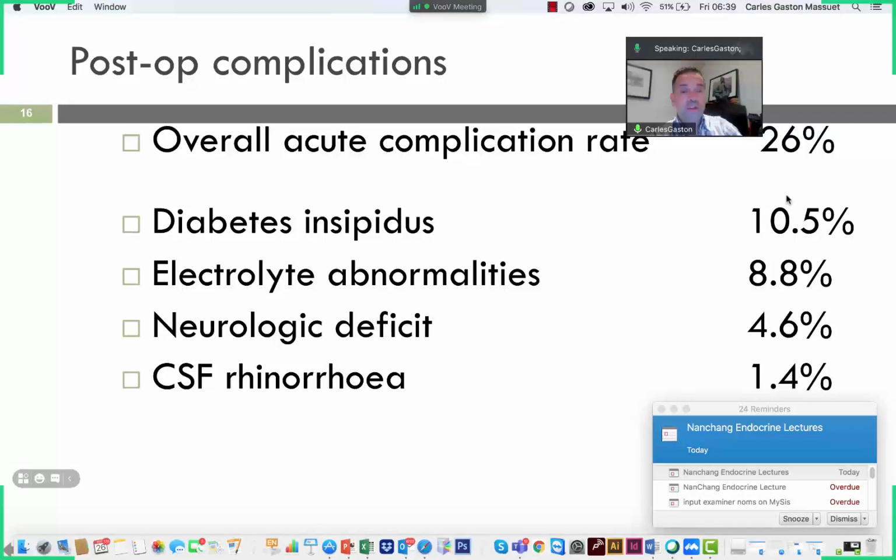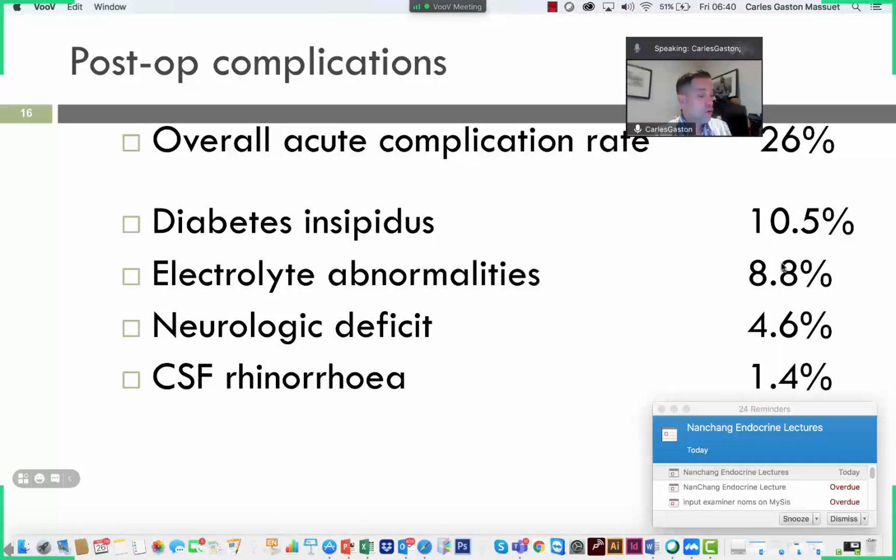As we can see here, electrolyte abnormalities in the blood due to diabetes insipidus and abnormal posterior pituitary damage. It can also lead to a neurological deficit, and also it can lead to CSF rhinorrhea.